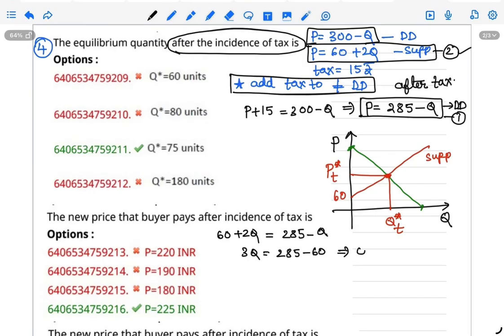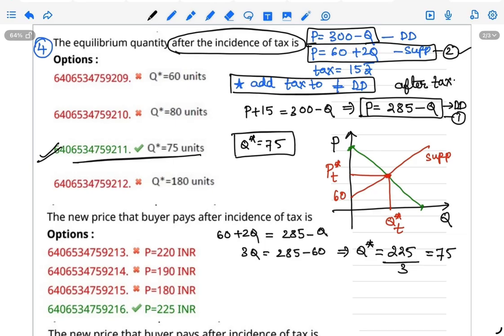That implies Q star equals 225 divided by 3, which equals 75. The Q star value is 75.